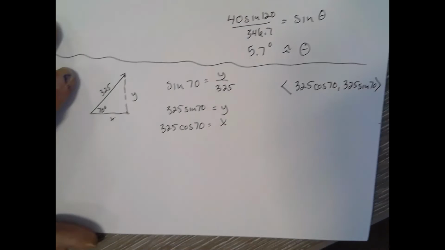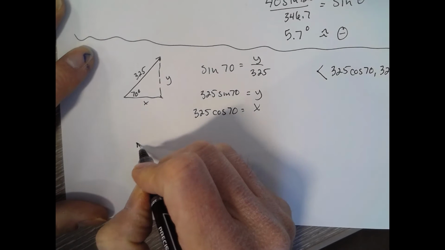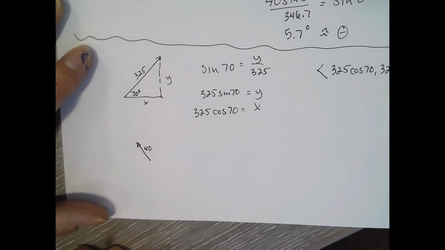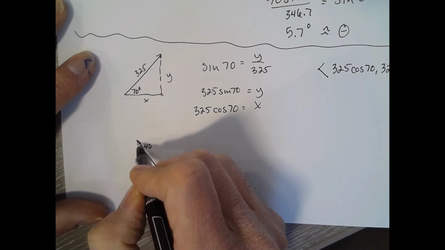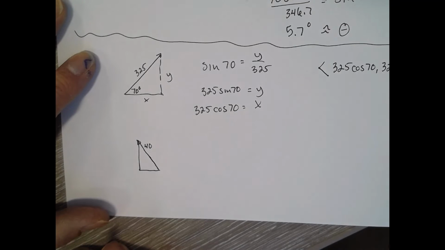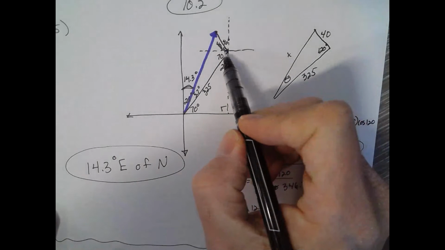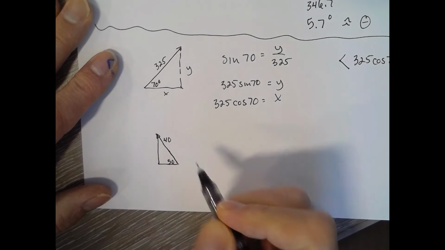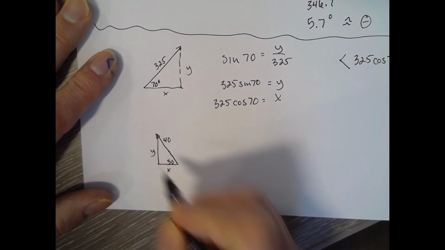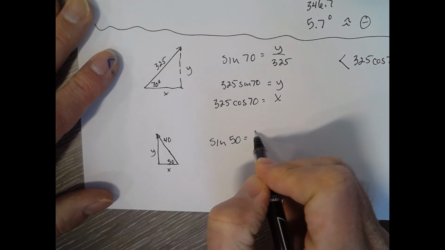Alright, our second vector is the wind, which is traveling at 40. I'll make it a little bit longer. So what are the horizontal and vertical components? From our drawing, you can see that it's a 50-degree reference angle, so that's 50, x and y. So again, sine of 50 equals y over 40.